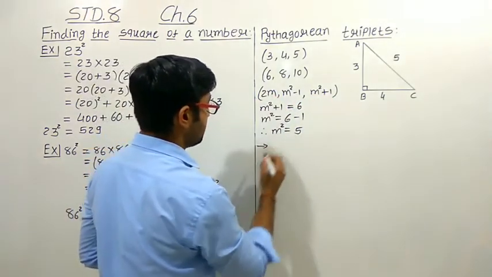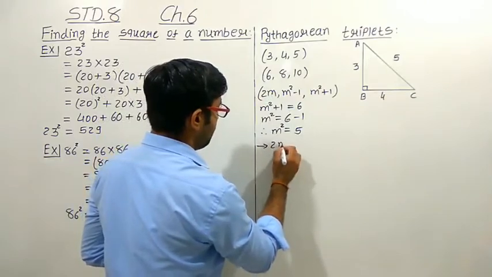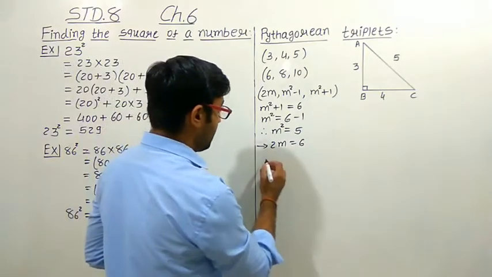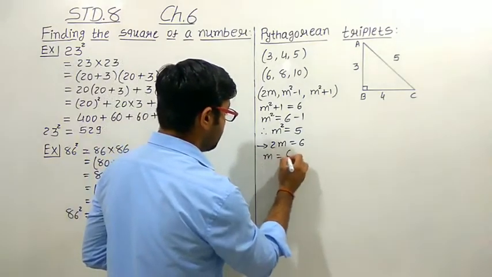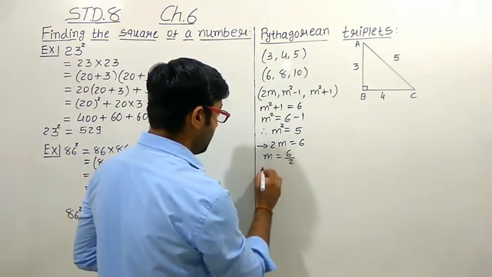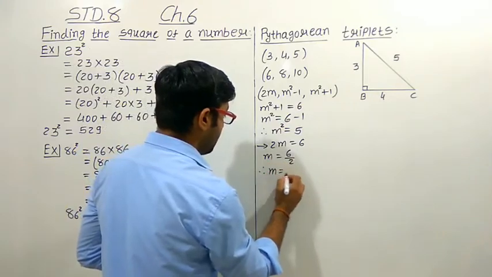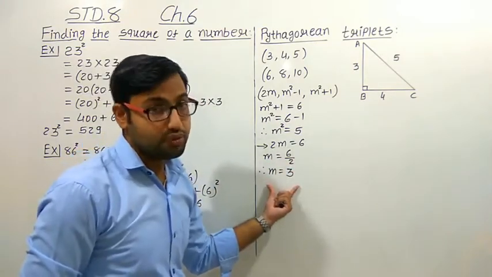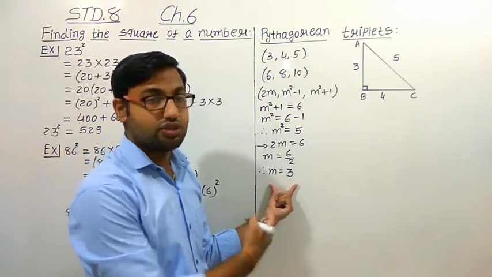So now let us compare 2m with 6. Now what do we get? We get m equals 6 upon 2, and therefore m equals 3. So this value of 3 is possible because 3 is a natural number.